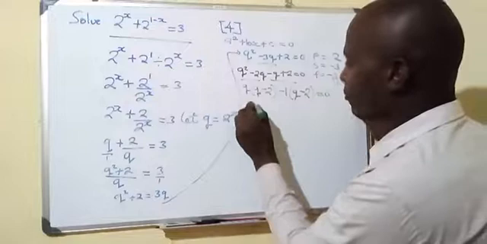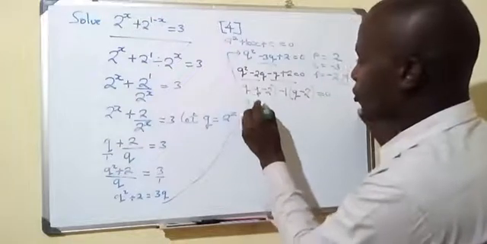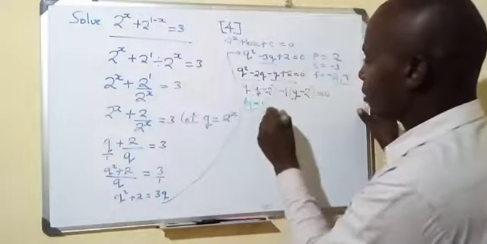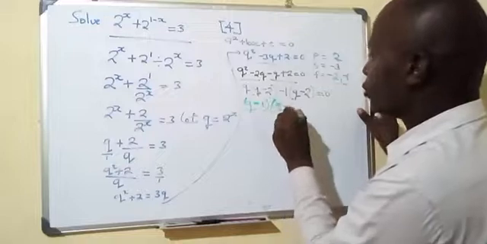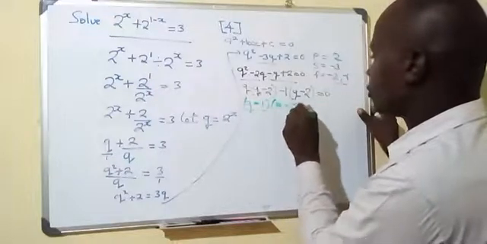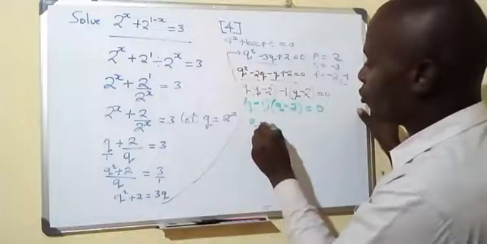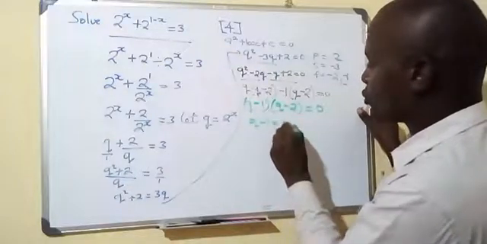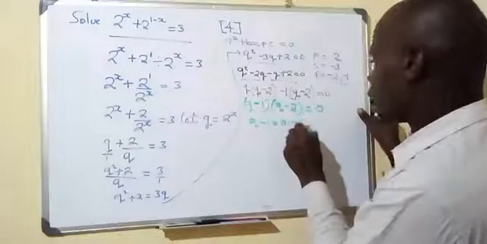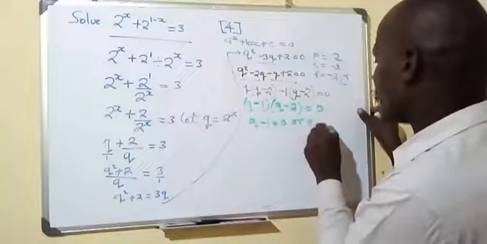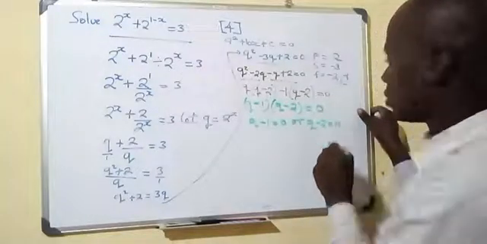So I'll have q minus 1 and also q minus 2 is equal to 0. So I'll have q minus 1 is equal to 0, and also q minus 2 is equal to 0.